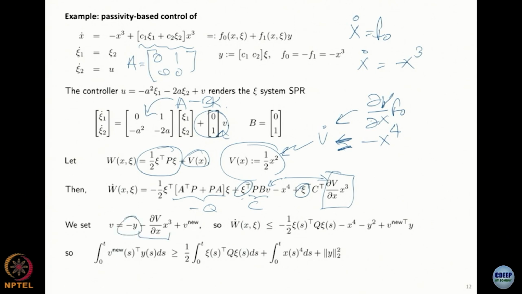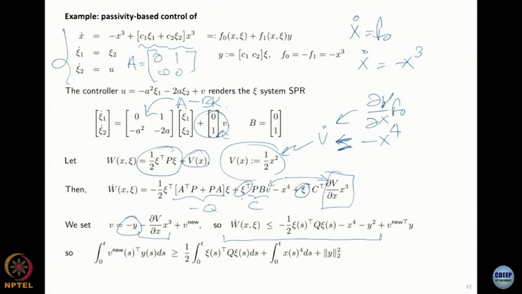I will add a minus y here to add extra dissipation if I want, and then what will I obtain? I will obtain this.